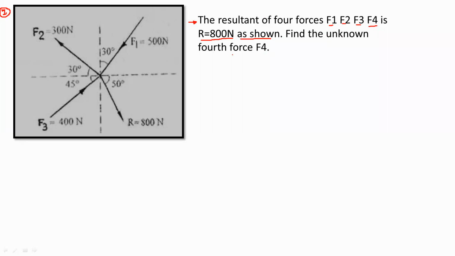Find the unknown fourth force F4. Actually F4 is not shown in the figure, but the statement says there are four forces F1 to F4, and the resultant of these four forces is nothing but R equal to 800 Newton, and it is acting here. Observe this diagram. It is acting at 50° with respect to the positive x-axis. So the question is, find the unknown force F4.